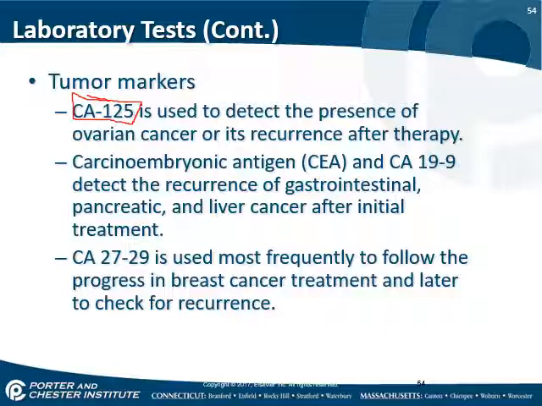And then there's the CEA, or the CA-19-9, and these can detect the recurrence of gastrointestinal, pancreatic, or liver cancer after the initial treatment. And the CA-27-29 is used most frequently to follow the progress in breast cancer treatment, and then later on to check for recurrence.